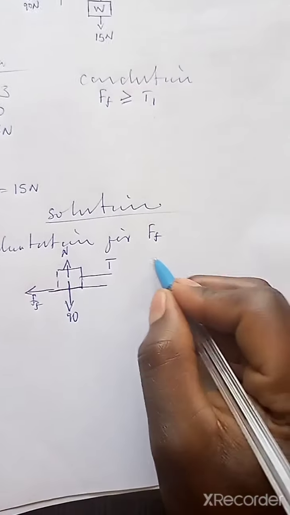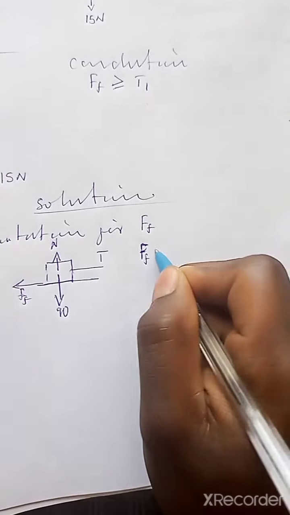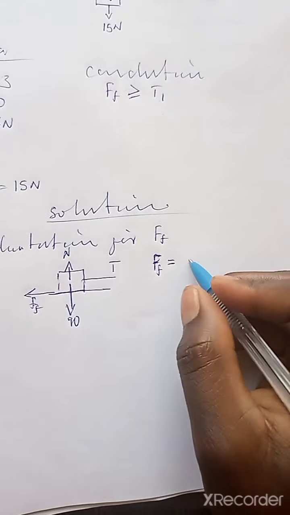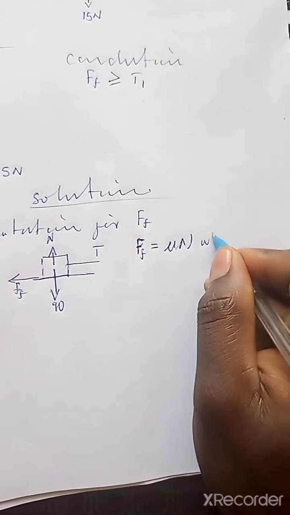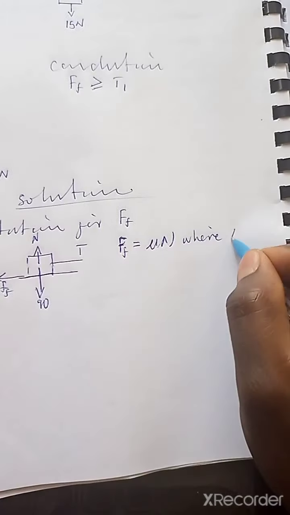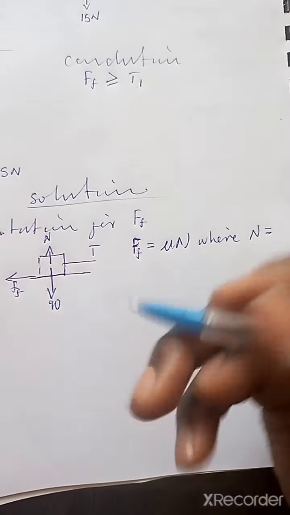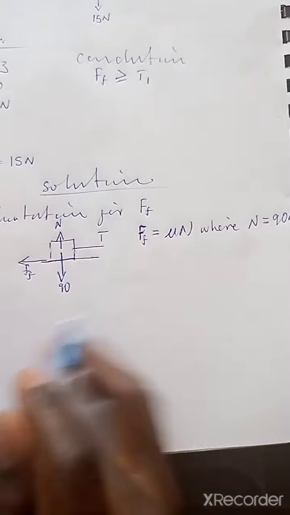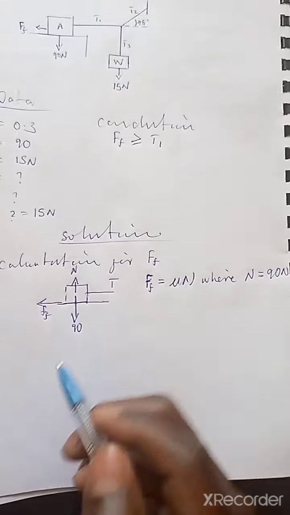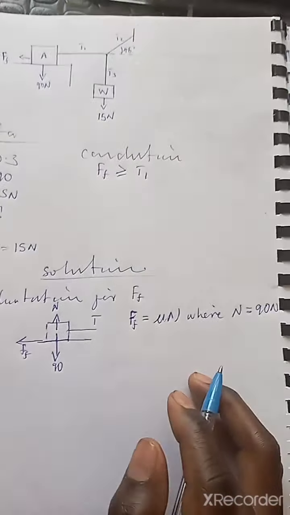So we get that force of friction is equal to mu N, where N is equal to the weight of the block A, which is 90 newtons. I'm sure we understand the basic concepts found there, using summation of forces in the Y.